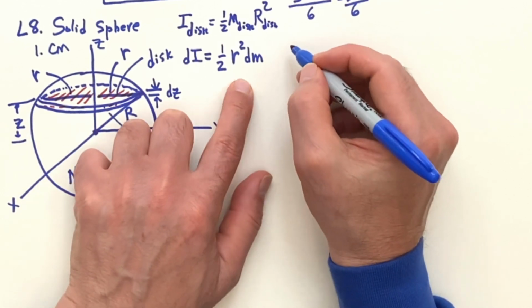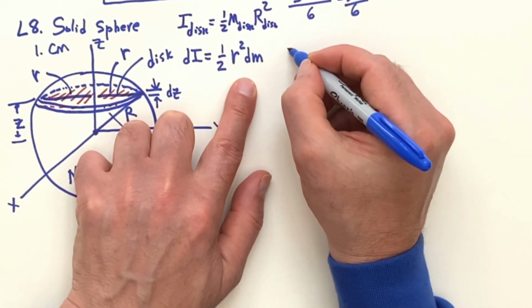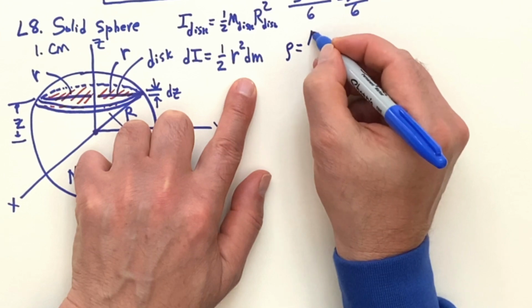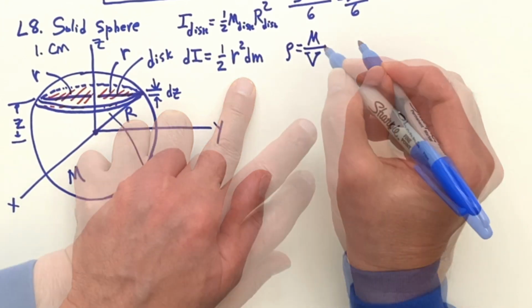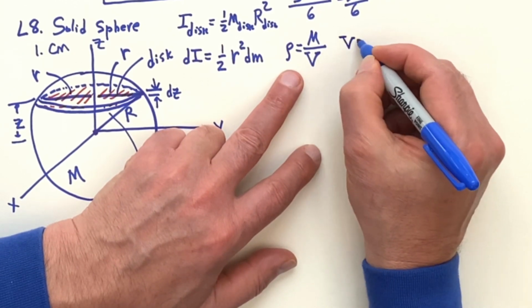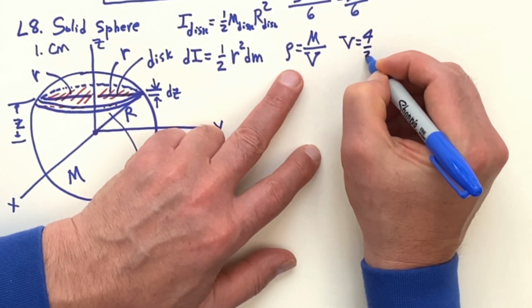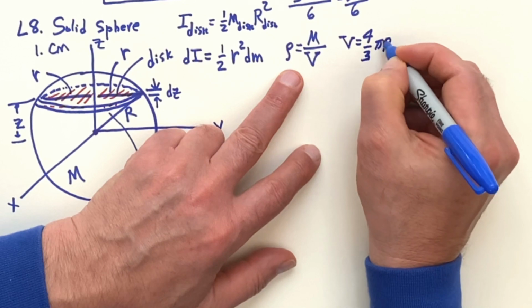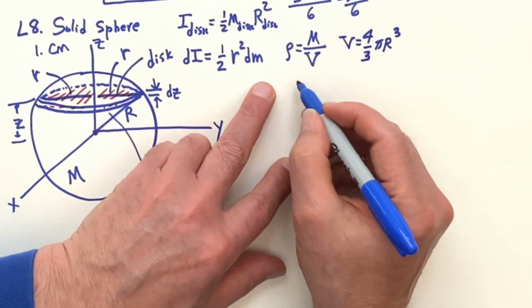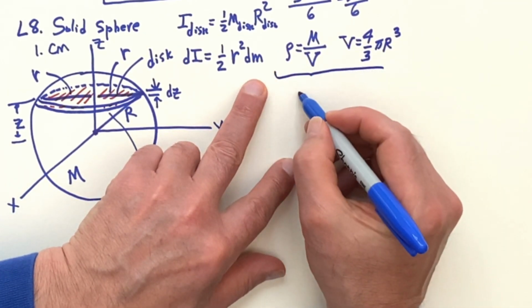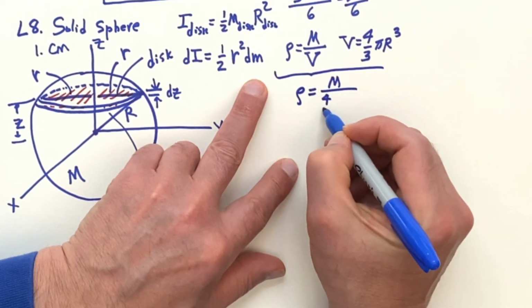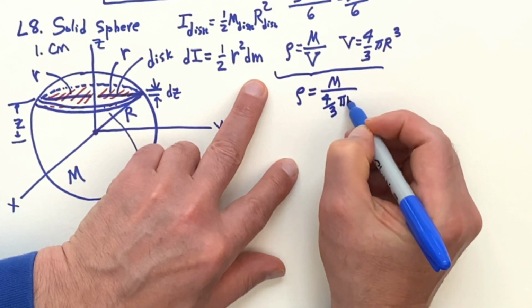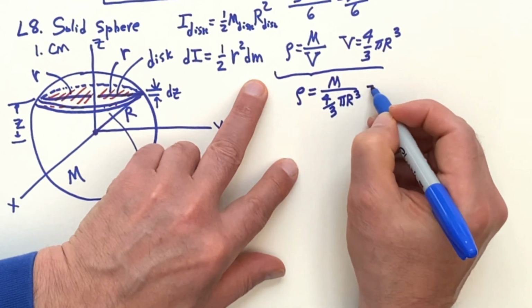So here, the density is the total mass over the total volume. And the volume of the sphere is 4/3 pi R cubed. So using these two relations, the rho is M over 4/3 pi R cubed.